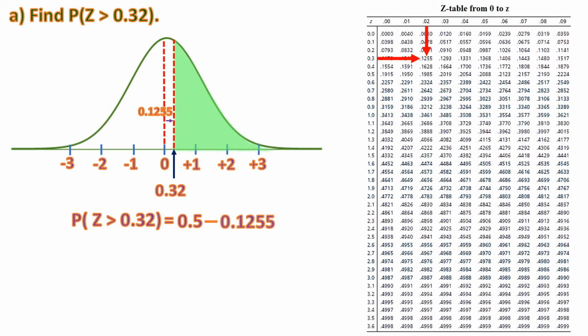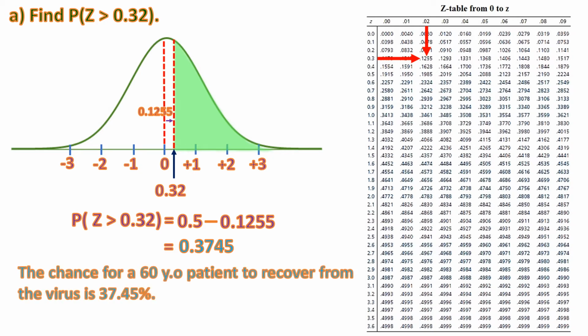So 0.5 minus 0.1255 will be equal to 0.3745. So this means the chance for a 60-year-old patient to recover from the virus is 37.45%.